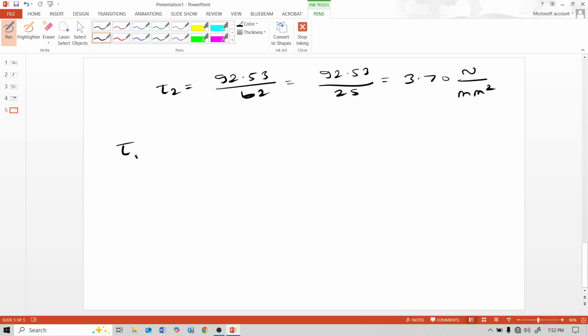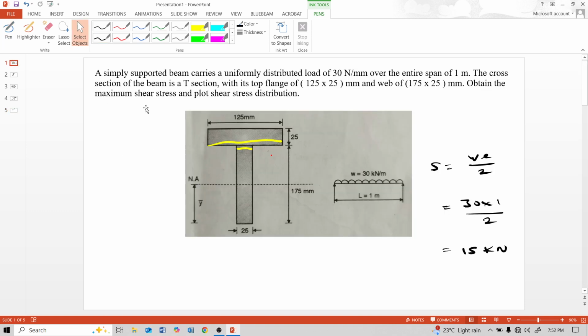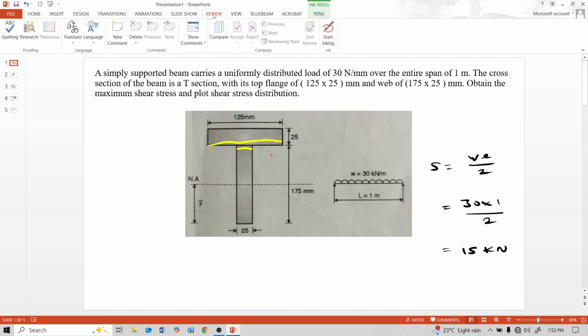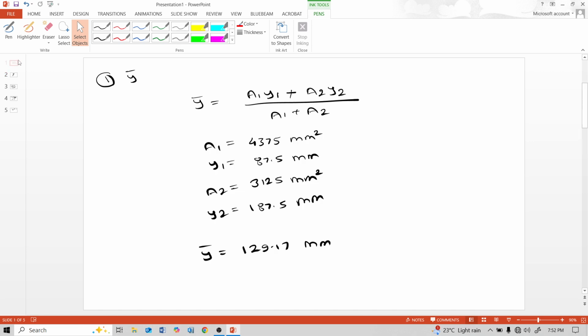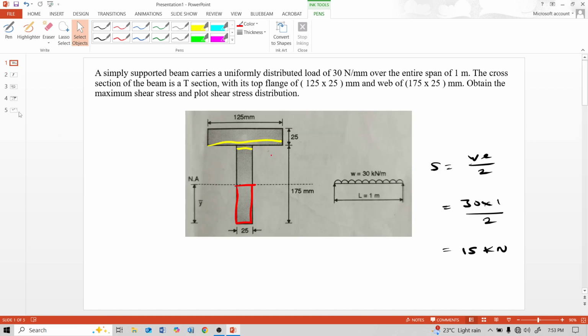Now next, shear stress at the neutral axis. Same formula, S A y upon B I. S is 15 into 10 raised to 3 Newton. Area is the area below the neutral axis, 129.17 multiplied by 25 mm.